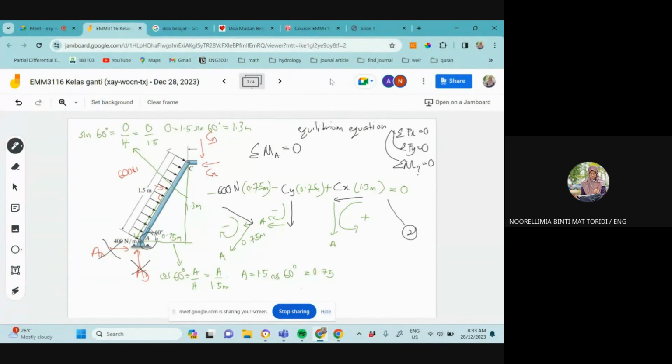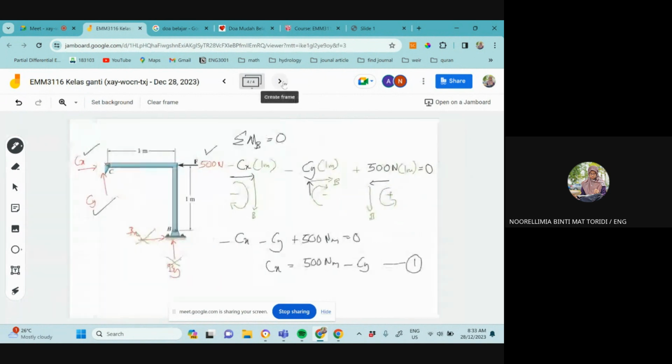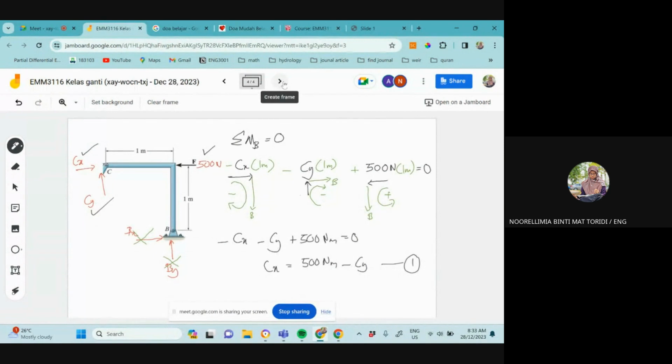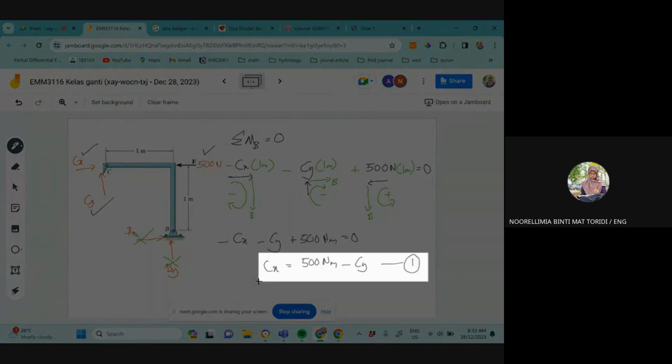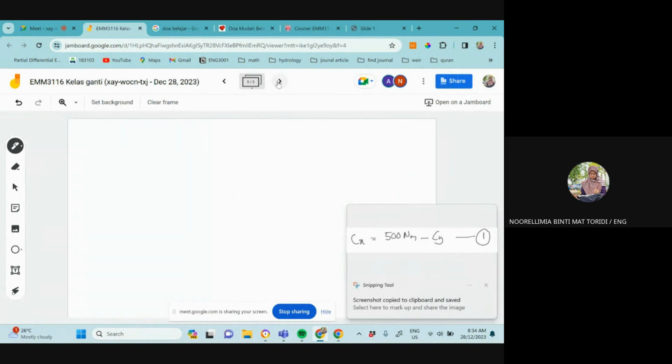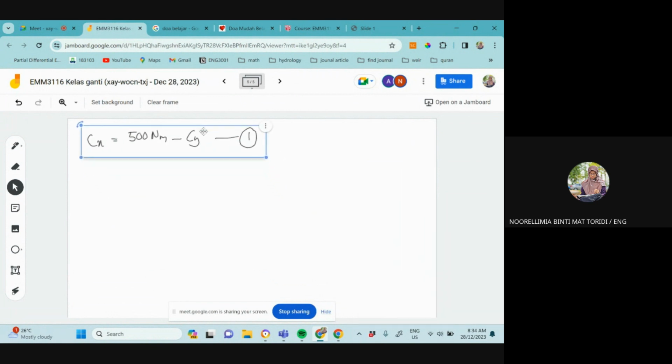Okay, cuba find out what is the value of Cx and Cy. Okay, tak saya tulis balik so this one is our Cx, okay. The first equation 1, sorry.